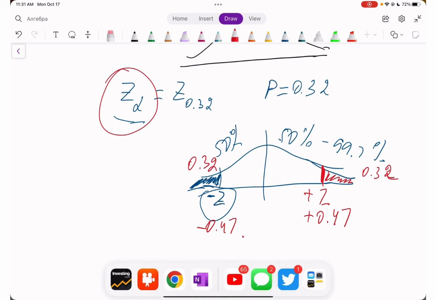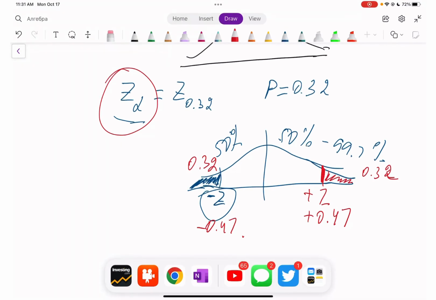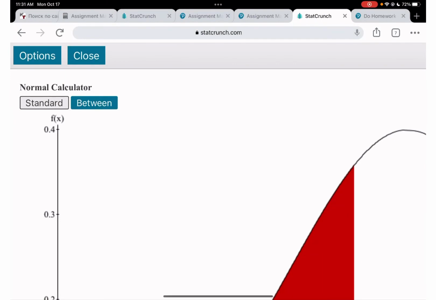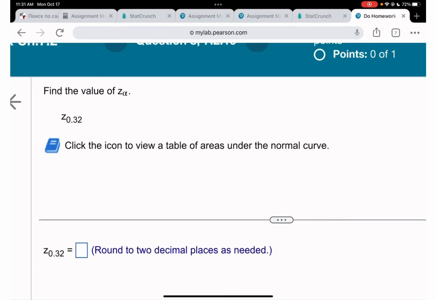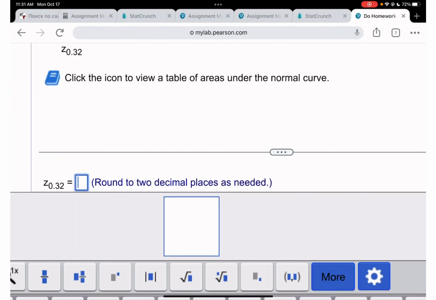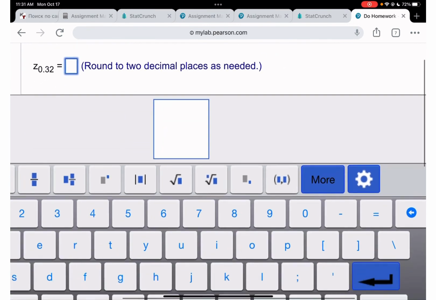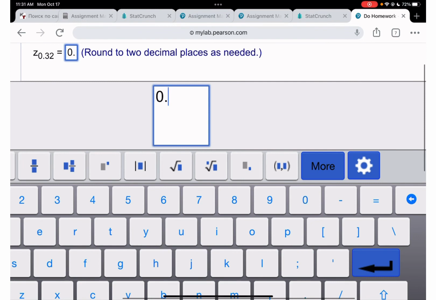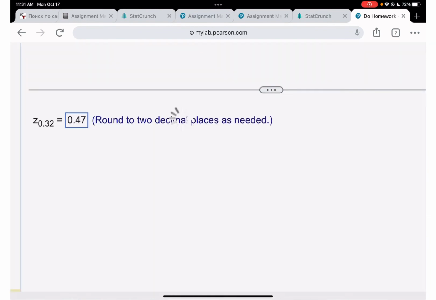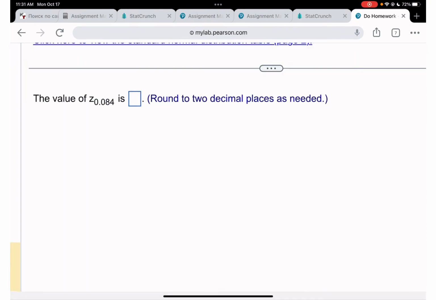So the answer is going to be positive 0.47. Good job. Let me do one more.